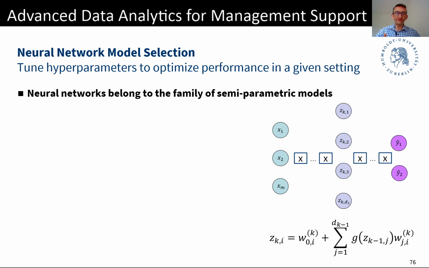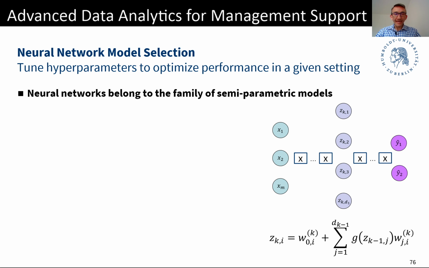And because of these degrees of freedom, it is a parametric model, but we can control the parametric form. Neural networks as a family cover numerous parametric models, so they're semi-parametric.